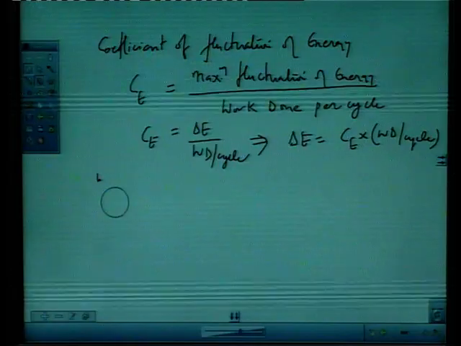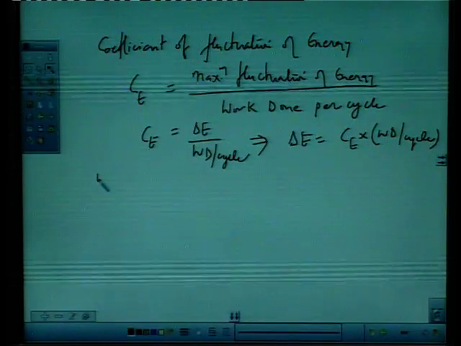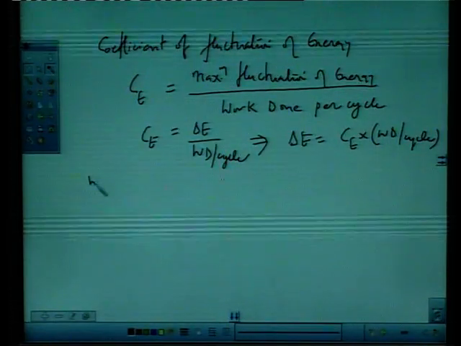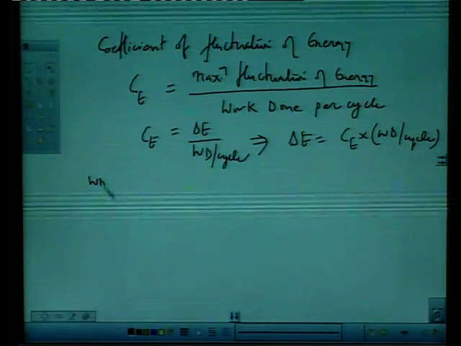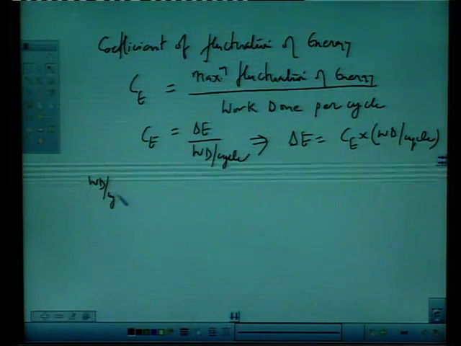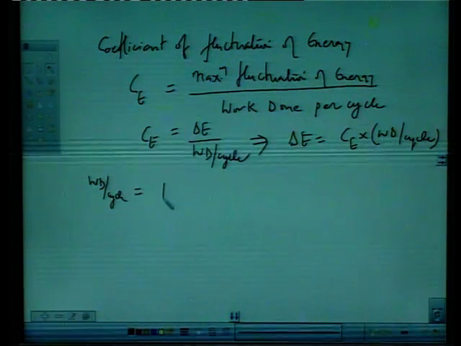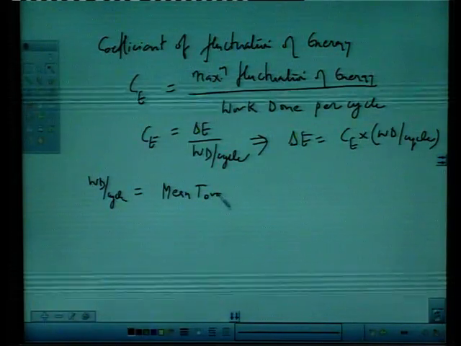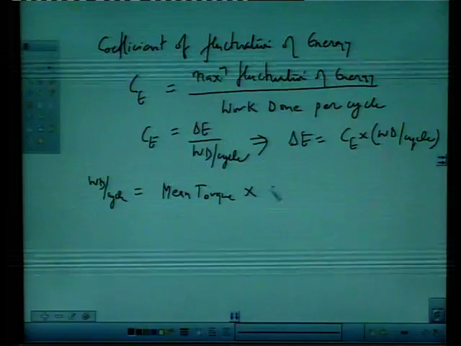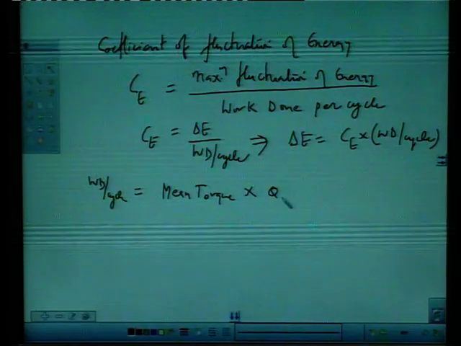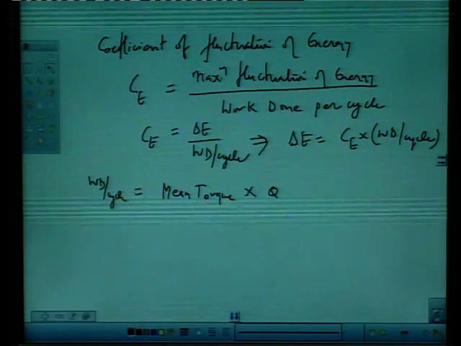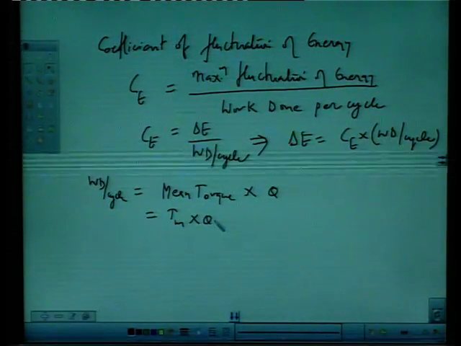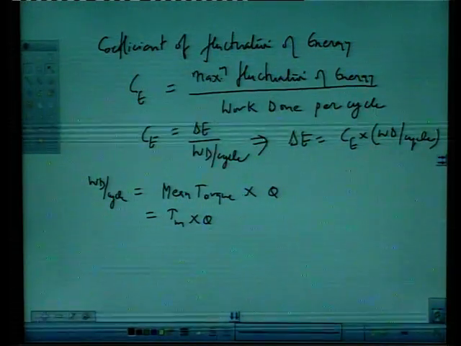Work done per cycle is equal to mean torque into theta, where theta is the angular displacement per cycle. This could be written as T mean into theta.